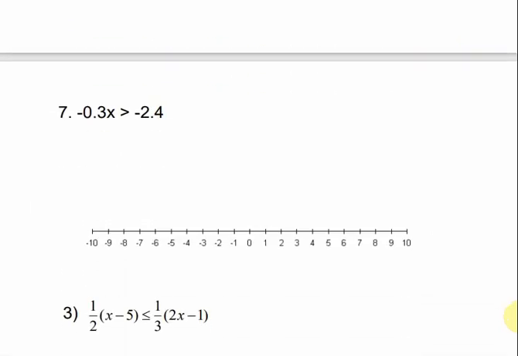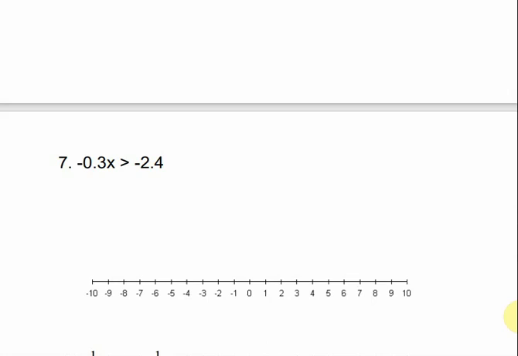Here we have an inequality with a decimal, so to remind us how to work with decimals, just like in an equation, I can get rid of the decimals by moving them the most number of decimals to the right. Well, there's one decimal here and one decimal here, so I'm going to move them both to the right one decimal place, and this would give me 3x minus 24.